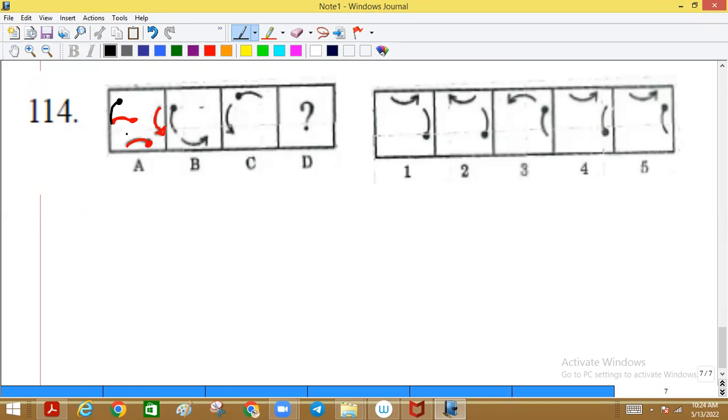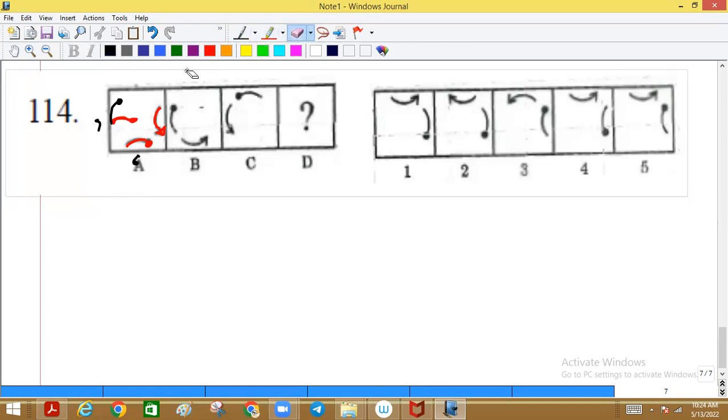If you see the red one, is the movement clockwise or anti-clockwise? Movement means it has moved from this point to this point. Clockwise or anti-clockwise? Movement is clockwise. Clock means here 6 o'clock, here 9 o'clock.